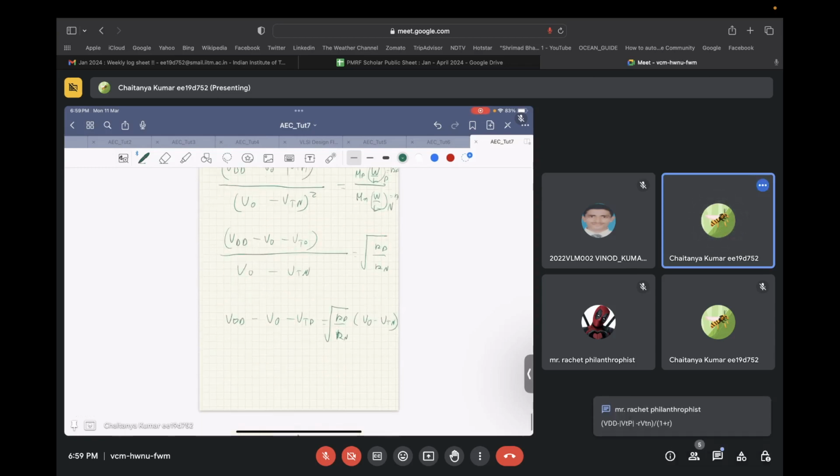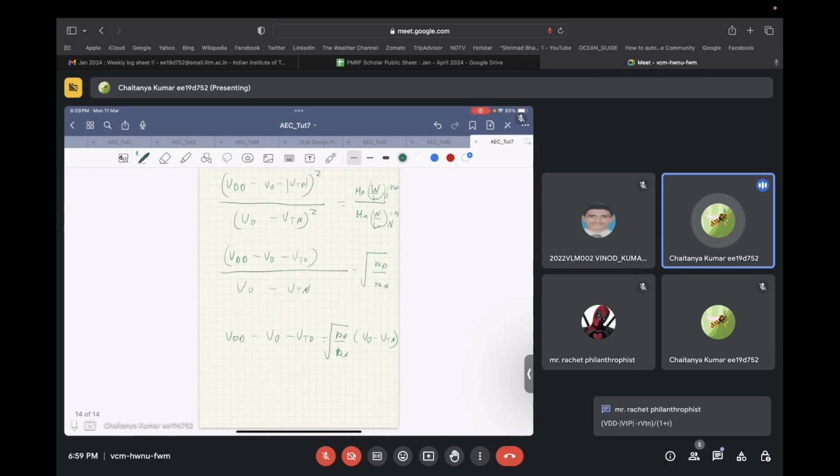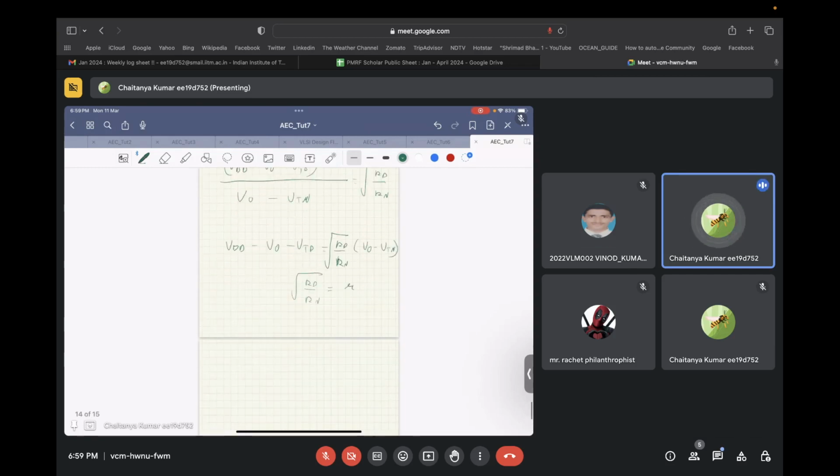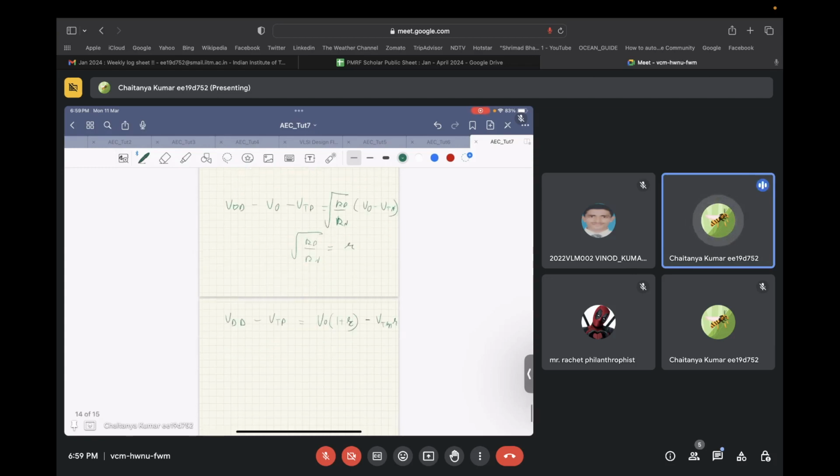If we call root Kp by Kn as R, then VDD minus VTP is equal to V naught times 1 plus R, minus VTN times R. So basically, V naught is equal to 1 divided by 1 plus R, times VDD minus VTP plus VTN times R. This is the self-bias voltage that we get.